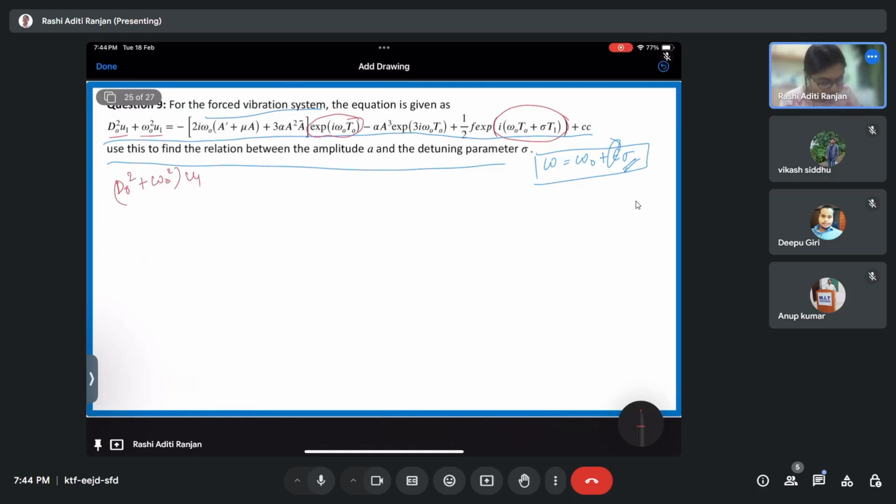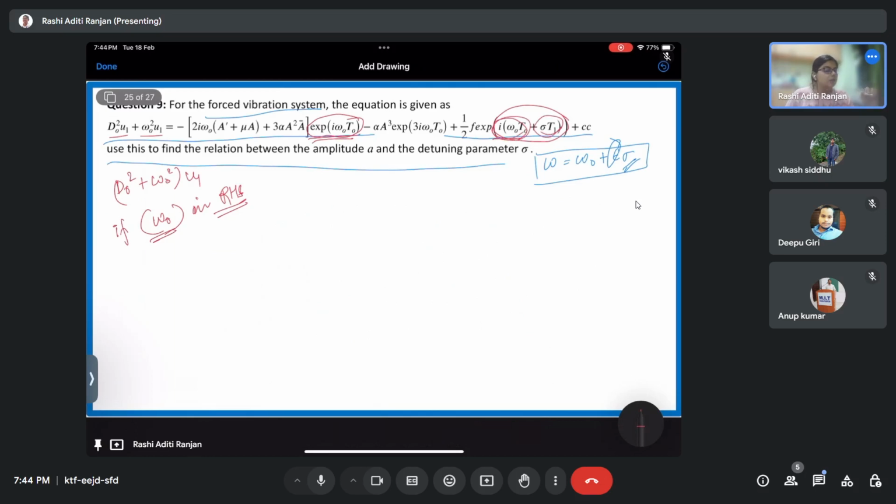If omega naught is there in the RHS, it is going to make my denominator for finding out the particular integral 0. And if it is making it 0, it is actually a secular term. Clear and correct. Only this term, because it has iota omega naught t naught, and this term, because it has iota omega naught t naught with a plus, it has this.